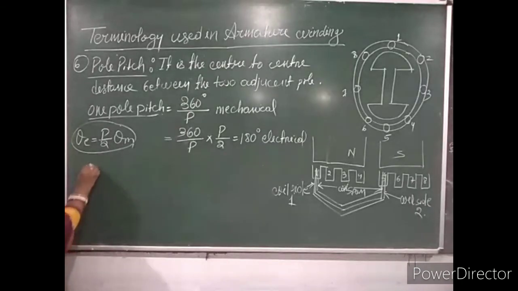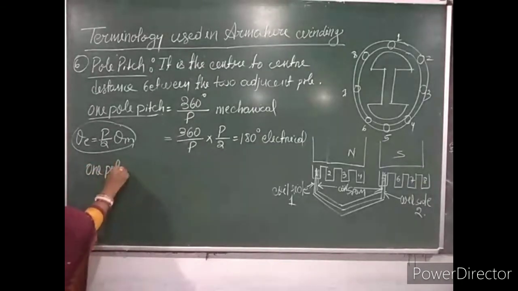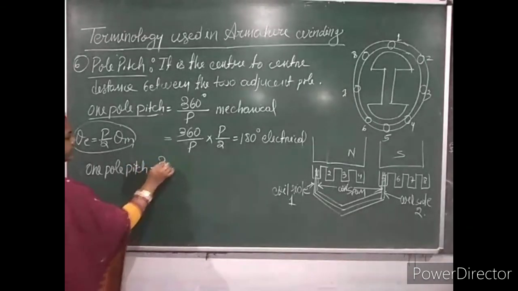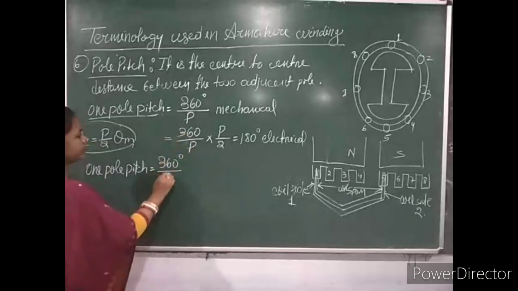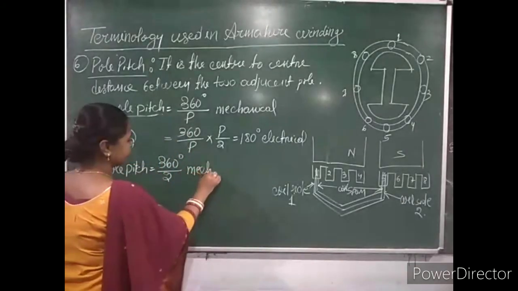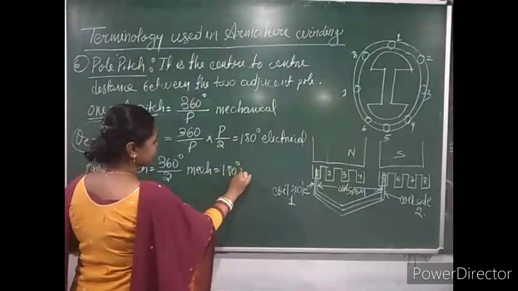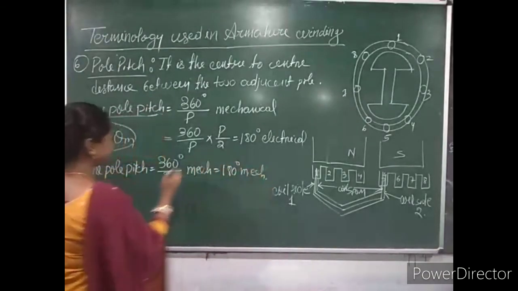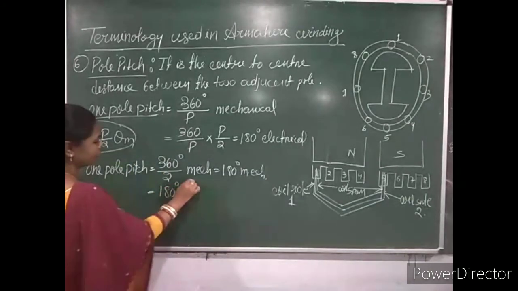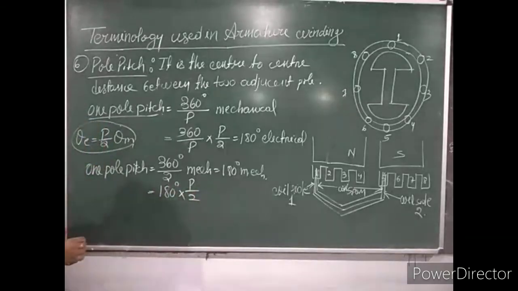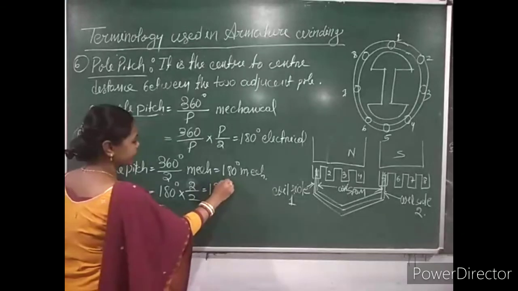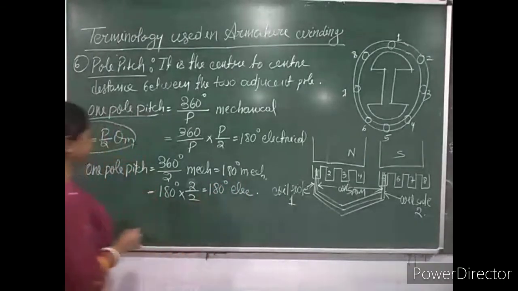One pole pitch is equal to 360 by the number of poles, here 2, mechanical, that is equal to 180 degree mechanical, and electrical is 180 into P by 2. Here the number of poles is 2, so it cancels out. Here theta electrical and mechanical are equal.